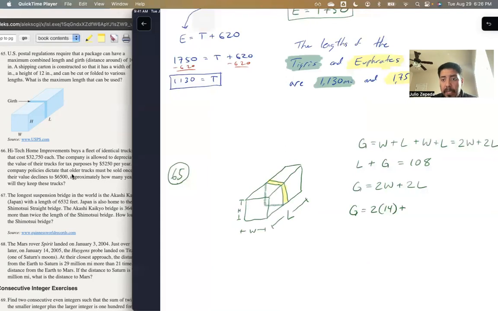Hopefully you caught that. When I wrote the equation for girth, it is width plus height, right? So we're going around, and let me highlight it here. Width plus height plus width plus height. So just a minor little change here. These L's should be H's.